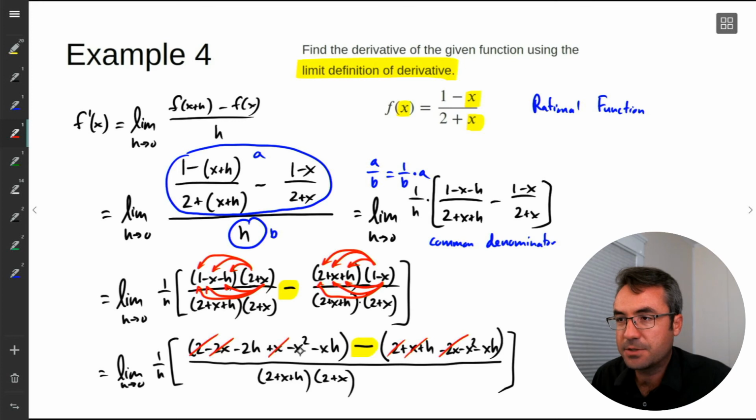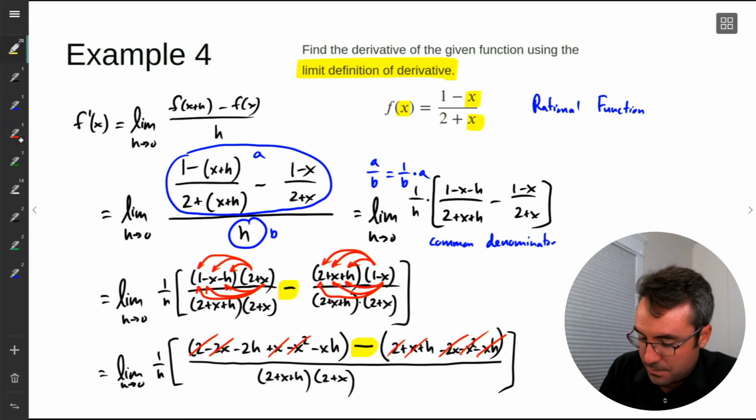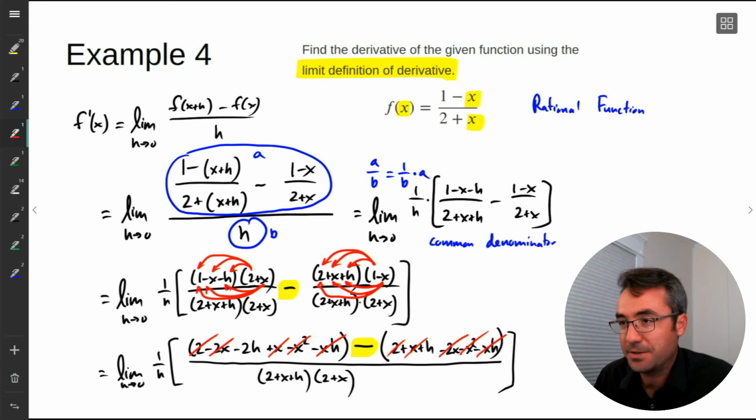Then I have a negative x squared. I'm subtracting, and I have a negative x squared here, so those cancel. Gone. And then I have a negative xh. I'm subtracting, and right there at the end, negative xh. Those cancel. I forgot my 1, so those cancel.